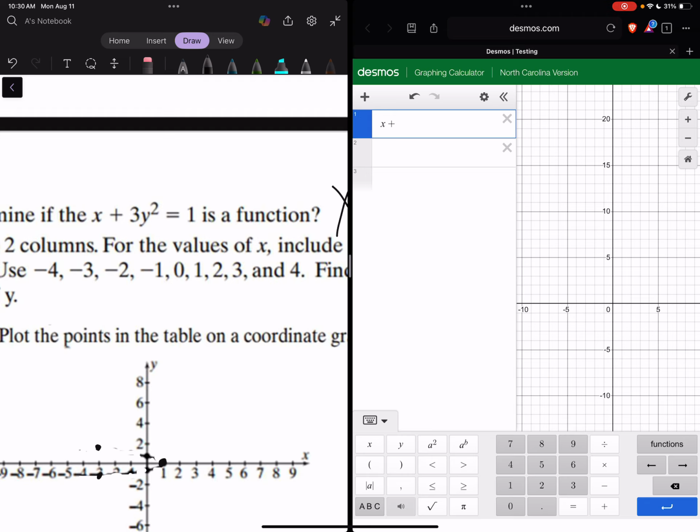So x plus 3y squared equals 1. If the graph did not show up, what you do is erase the equal sign, put minus and parenthesis, equals 0.